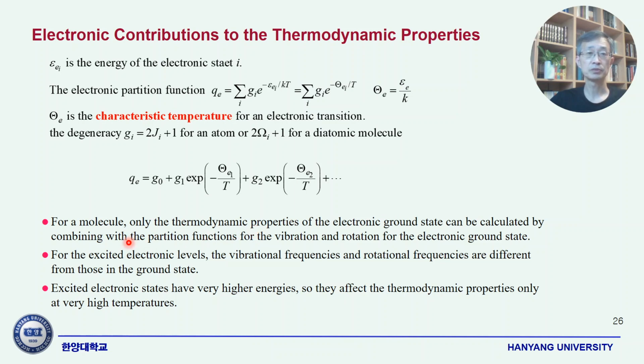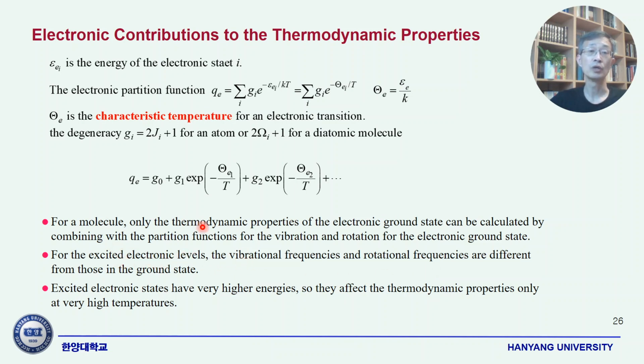As I just mentioned, the electronic excited state energy is very large, so we only need to consider the ground state to calculate the partition function contribution. Also, for the excited states, the vibrational and rotational frequencies are very different from the ground state ones, so you need to figure them out separately.